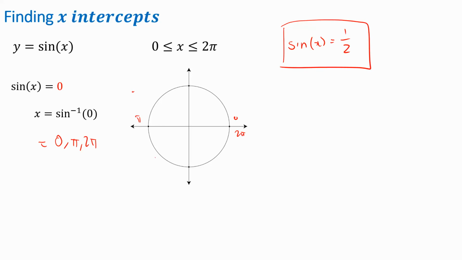Now you look on your y-axis, sine is your y-axis, you're saying when will it equal half? Now around the circle, the only time you're going to have this y coordinate is at these 2 points. Those are the only 2 points. Right there. And right there. Those are the only 2 points that you're going to get a y value of half.